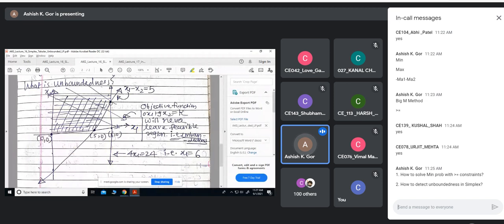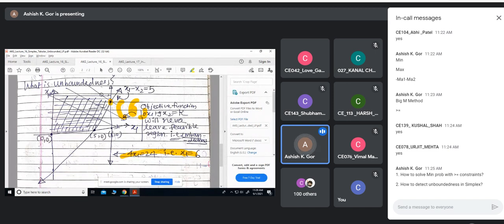This is the intersection of the line x1 equal to 6 and x1 minus x2 equal to 5, so this point must be (6, 1), because it satisfies both x1 minus x2 equal to 5 as well as x1 equal to 6. Remember, my constraints are less than equal to type, so this is my feasible region.